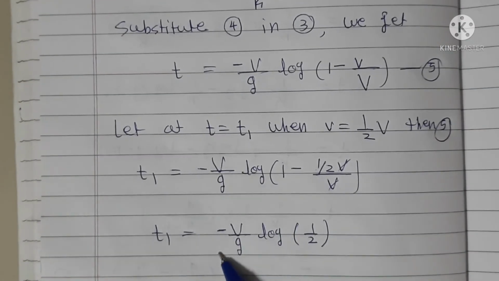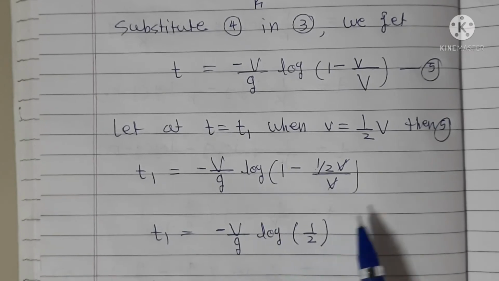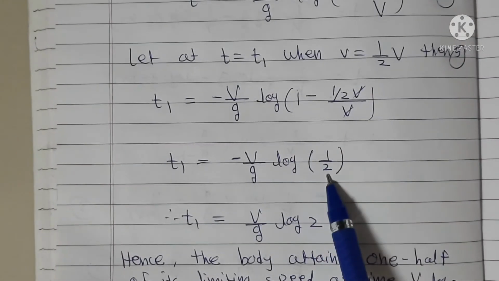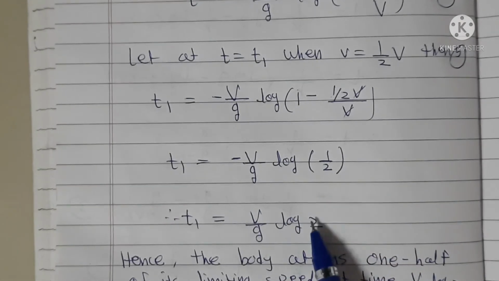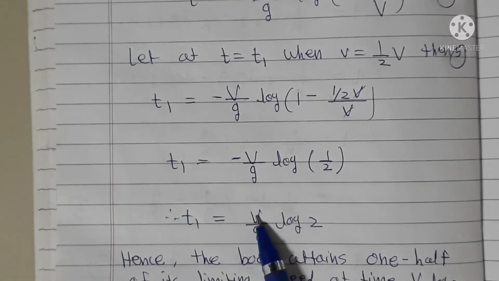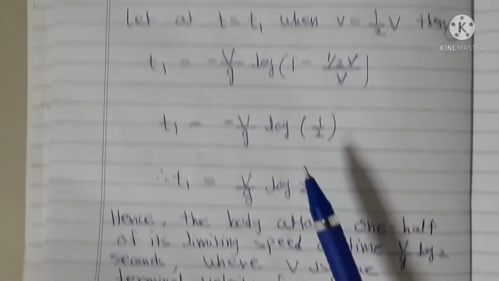Therefore t1 is equal to minus V upon g log of 1 by 2. Here the minus sign is there and 1 by 2 is there, therefore 1 by 2 becomes 2 and the minus sign gets cancelled. Therefore t1 is equal to V upon g log of 2.